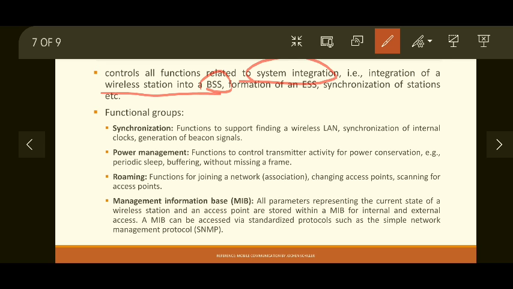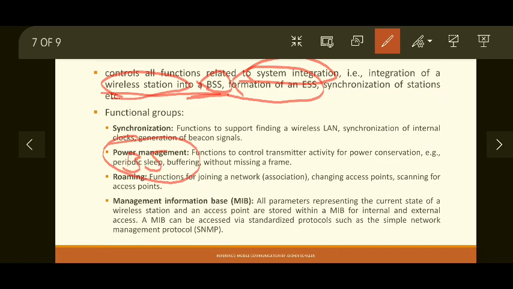Remember, this is basic service set, not base station subsystem. Basic service set is a part of a WLAN, and BSS, that is base station subsystem, is a part of GSM. So how a basic service set can be connected by a wireless station is handled by the MAC management layer.